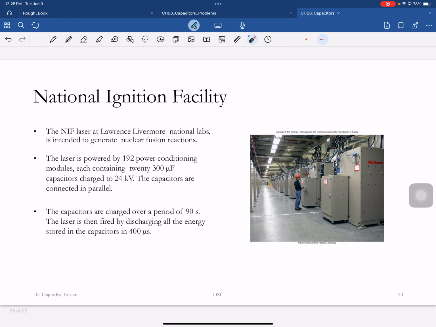And so here's another facility in Lawrence Livermore Lab. And the capacitors are charged over a period of 90 seconds. So you're charging them over a minute and a half and then discharging them in half a millisecond.